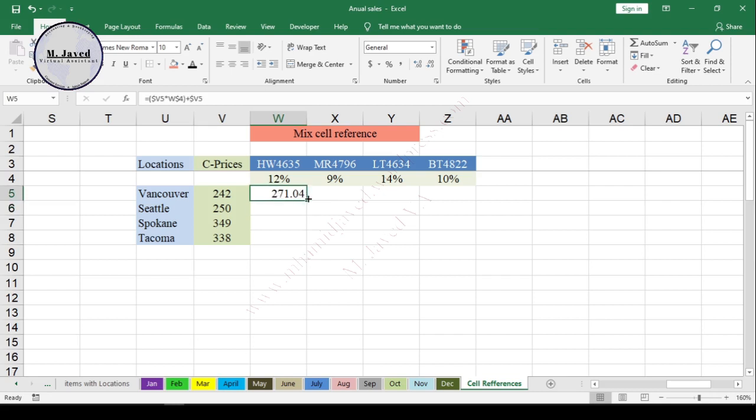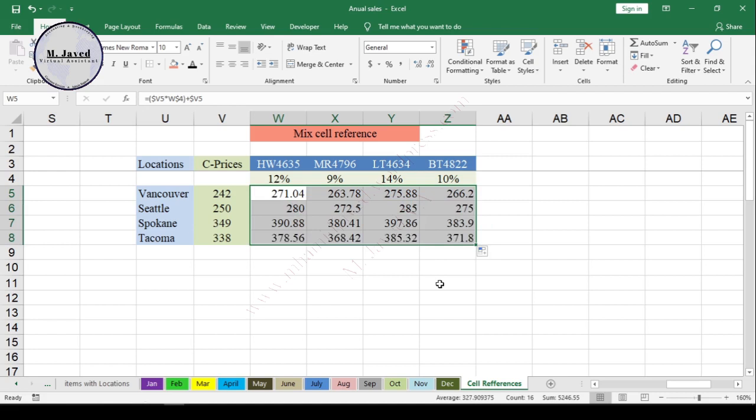Now hit enter and drag it horizontally and then vertically. Here you can see that it's calculating it accurately.